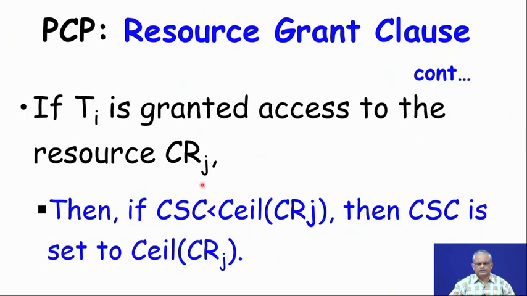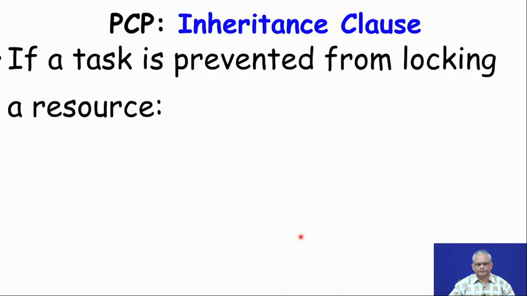And as I was saying, as soon as a task is granted the critical resource, the current system ceiling is made equal to the ceiling of the resource that is granted, if the ceiling of the resource is greater than the current system ceiling.